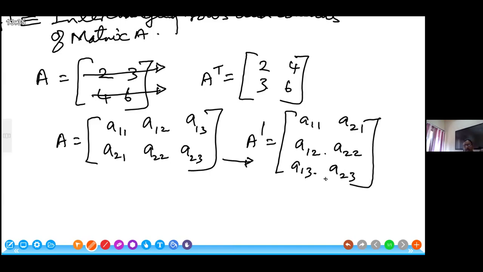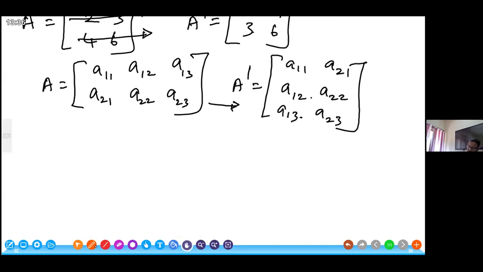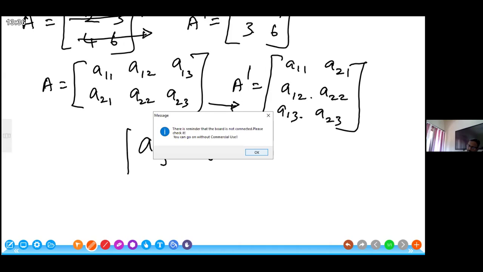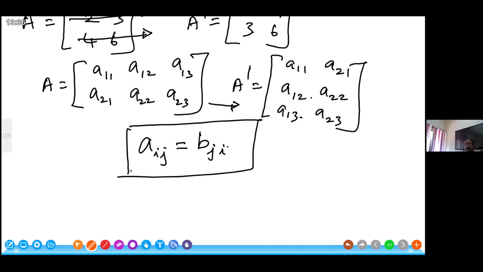So that is the principle. Rows become columns, columns become rows. In other terms, if you look at the element, Aij will be equal to, in a transpose matrix, Bji. Right?